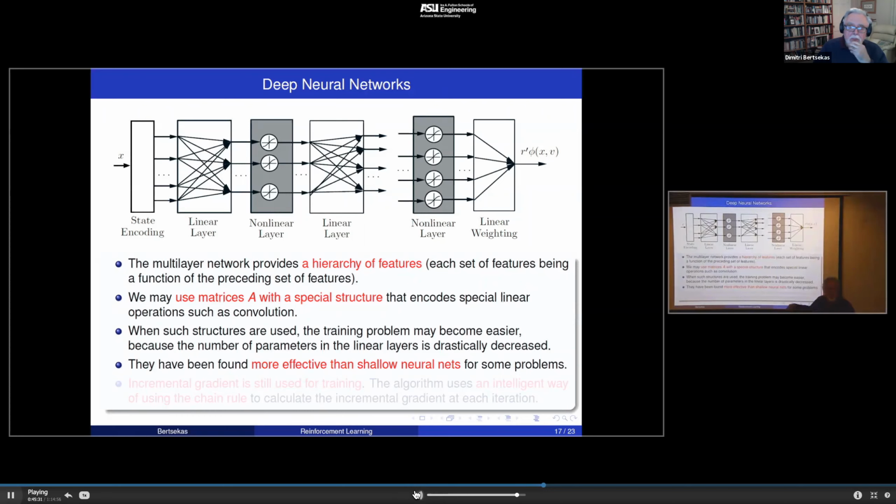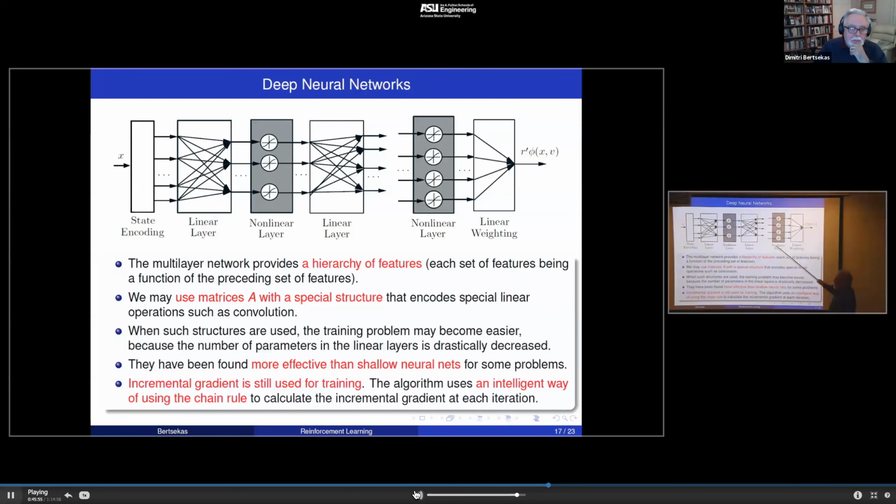Tesauro himself tried several layers, but he ended up using two layers. And in fact, he found little difference between using a single nonlinear layer versus using two. Nowadays, backgammon programs use 2 layers, okay? That's not because of lack of trying with more layers.